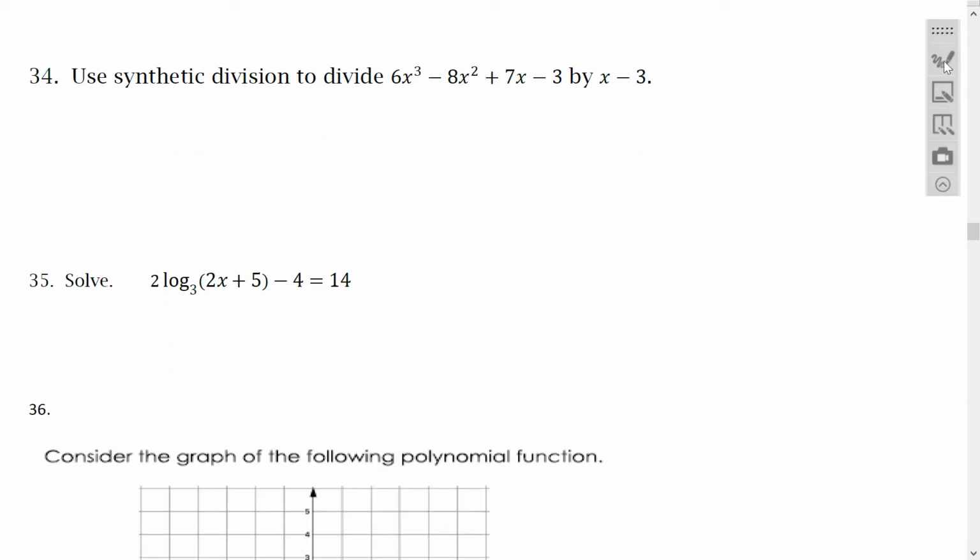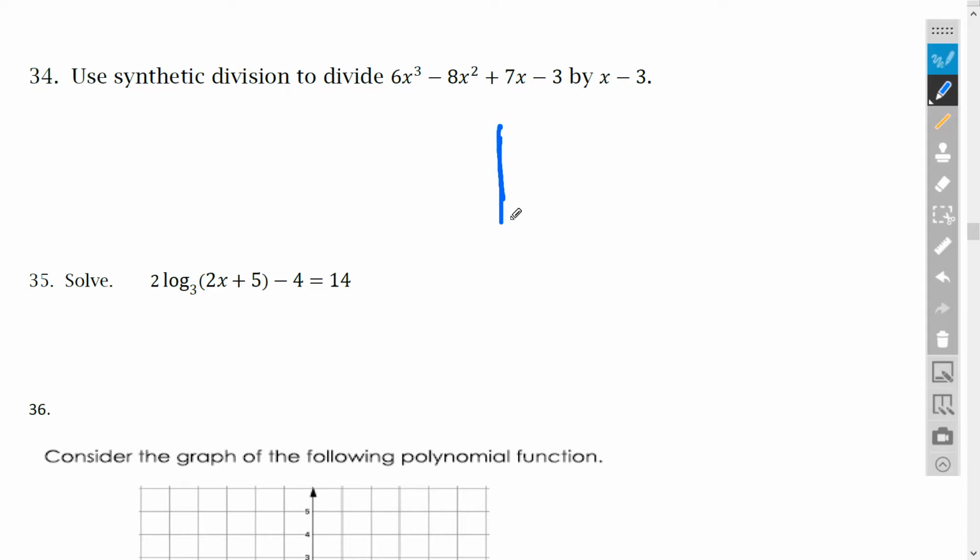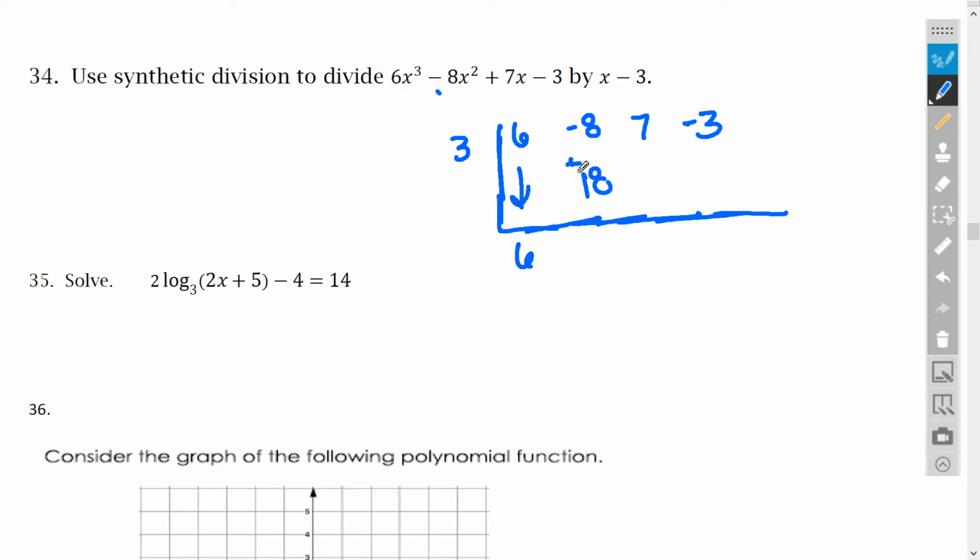Use synthetic division to divide. So just some more synthetic division problems here. But they do want to know what I actually get when I do the division. I'm dividing this polynomial by x minus 3. So I got 6, negative 8, 7, negative 3, and then the 0 is 3. Bring down the 6, so multiply those, that's 18. Add those, that's 10.